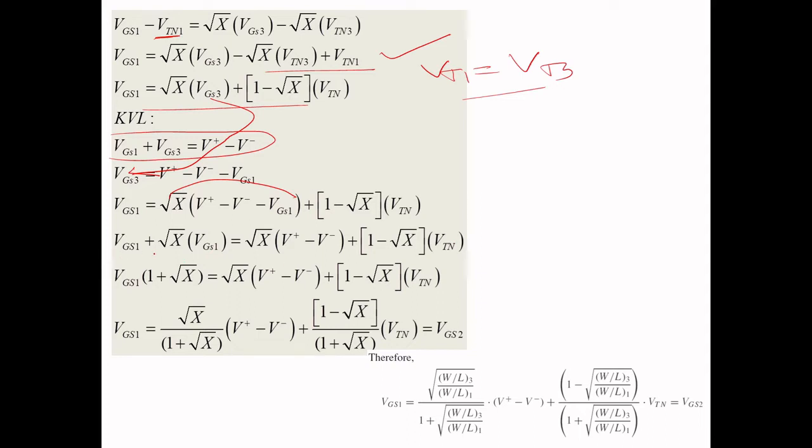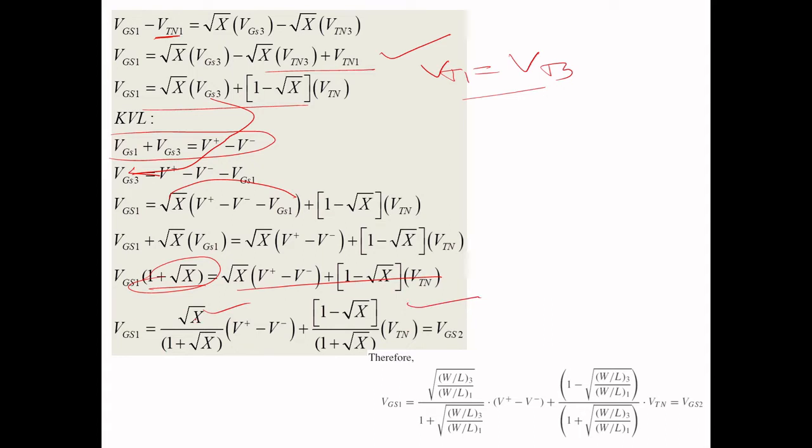Taking Vgs1 common, Vgs1 into (1 plus root x) equal to this whole term. I am dividing this whole equation by this term, so it becomes like this.